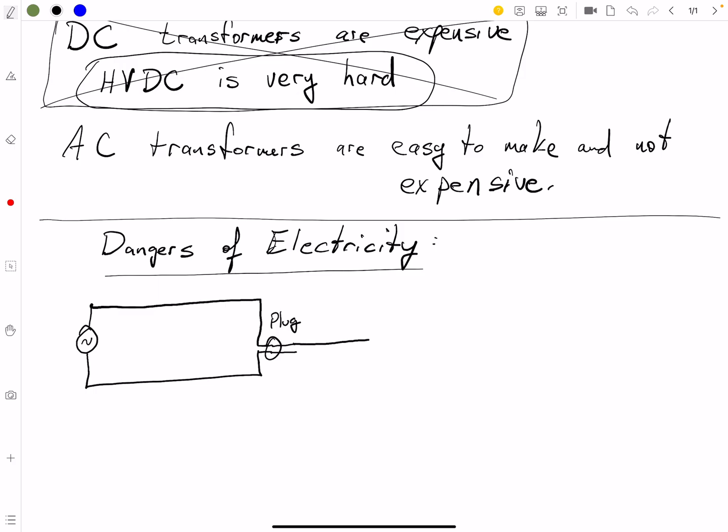And then it runs over to our toaster. Let's make it a nice toaster. And on the inside of that toaster, of course, the current is going to run in, and the toaster is our load resistor. Okay, so I've turned the whole toaster into basically a resistor. Okay, that's what it is. It's a load resistor, our RL.